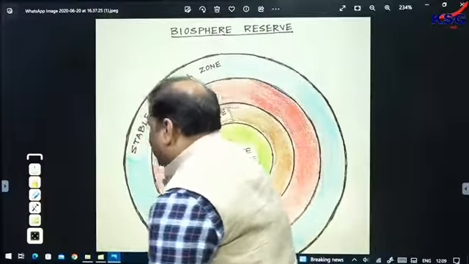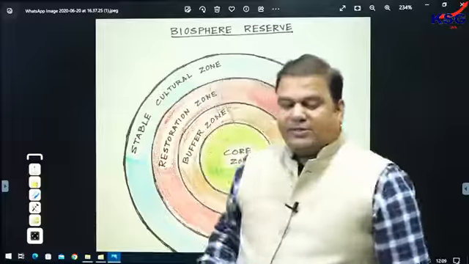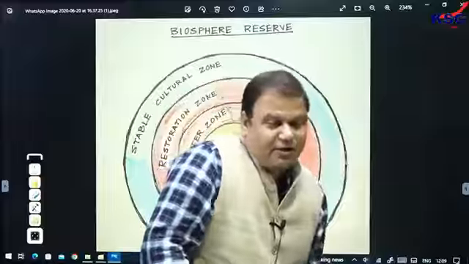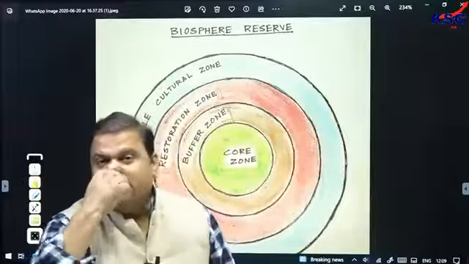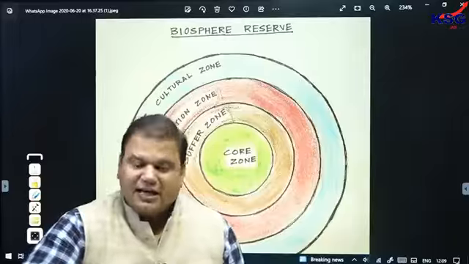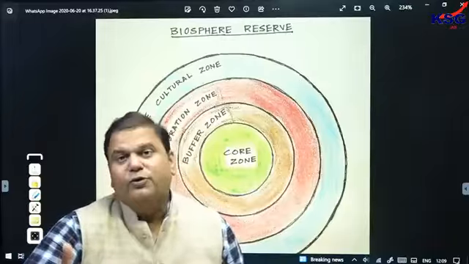But having said so, do remember one fact, that in the core areas of national parks, tourism has been prohibited. So just remember that the Supreme Court has banned it.